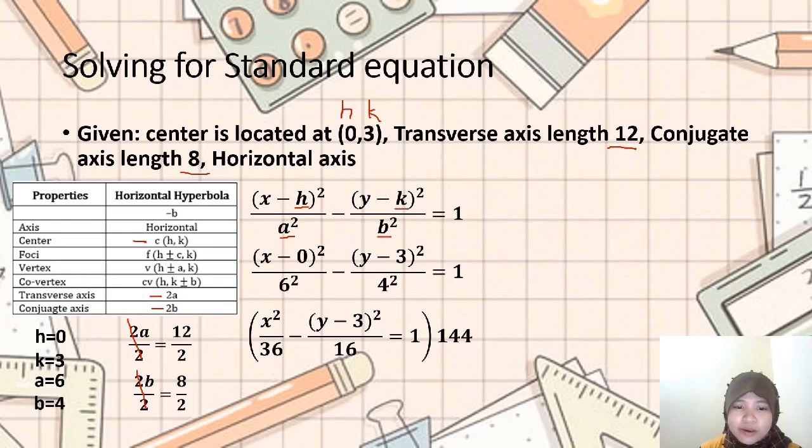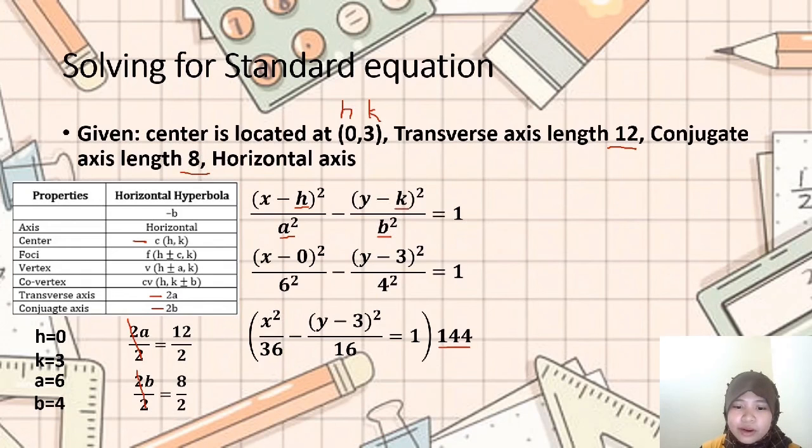Since our h is 0, we will have x squared over 6 squared, which is 36, minus y minus 3 quantity squared over 4 squared, which is 16, equals 1. Now we have to find the LCD of both 36 and 16 and multiply it by both sides to cancel out the denominators. And the LCD of 36 and 16 is 144.